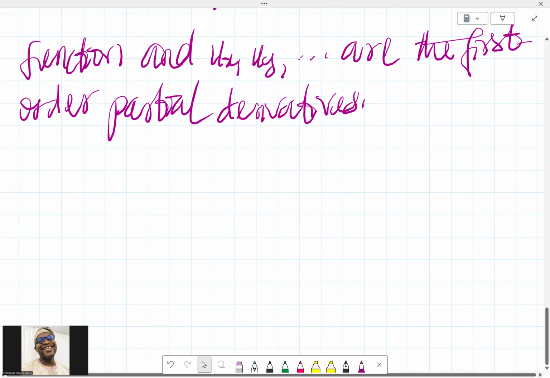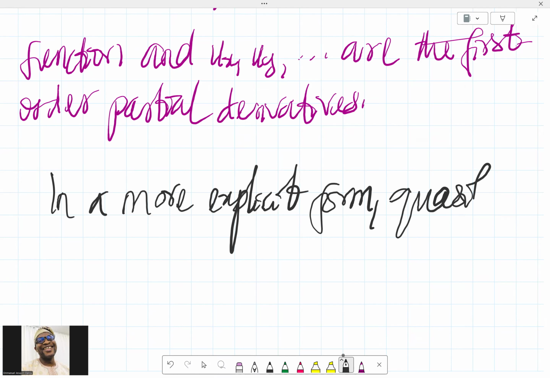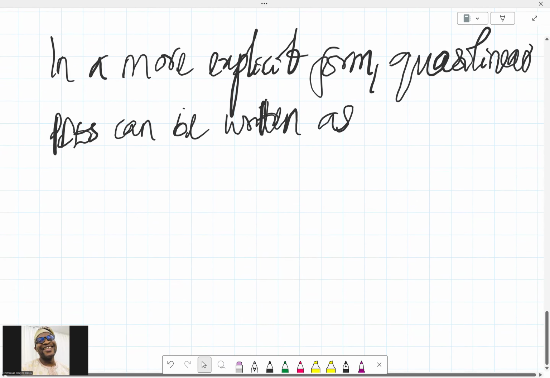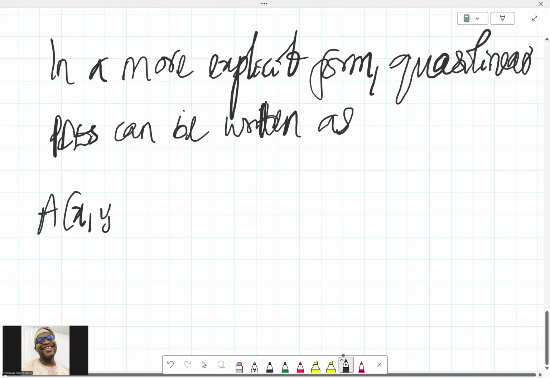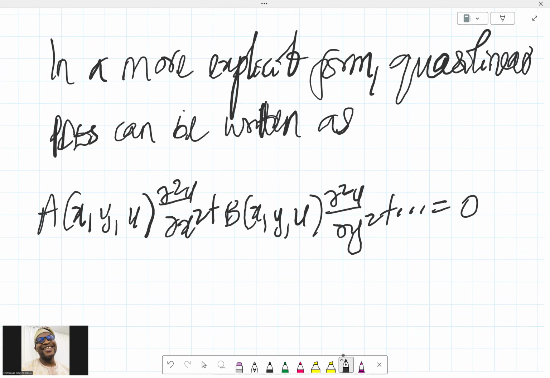In a more explicit form, quasi-linear PDEs can be written as a of x, y, u times partial squared u partial x squared, plus b of x, y, u times partial squared u partial y squared, plus all the rest, is equal to 0.